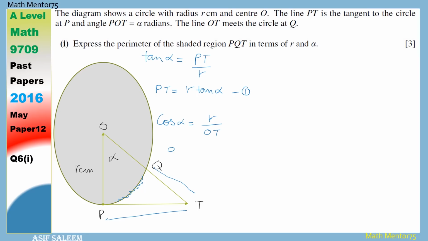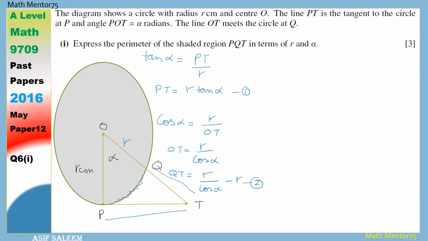So OT would be R over cos alpha. We have OT and we know that OQ is also R, so we can find our required length QT. That would be total length, that is OT, R over cos alpha, minus OQ, which is radius. So we have our two required lengths with us.